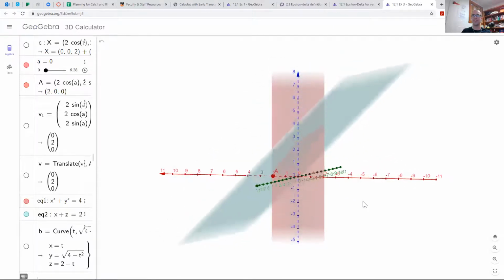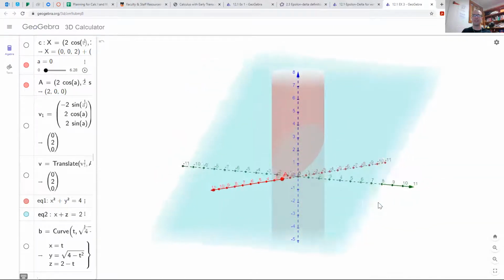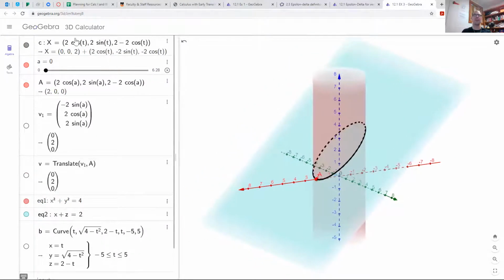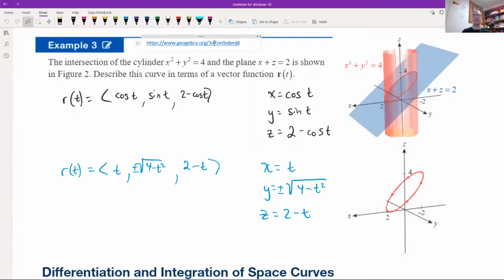Okay, so here we have our cylinder and the plane that's intersecting it. All right, C is our curve here, and I put that in as the parameterization with the cosine and the sine. And was I? Is this the right? Hold the phone. I did not take into account the fact that we had a 4 here. What was I thinking?